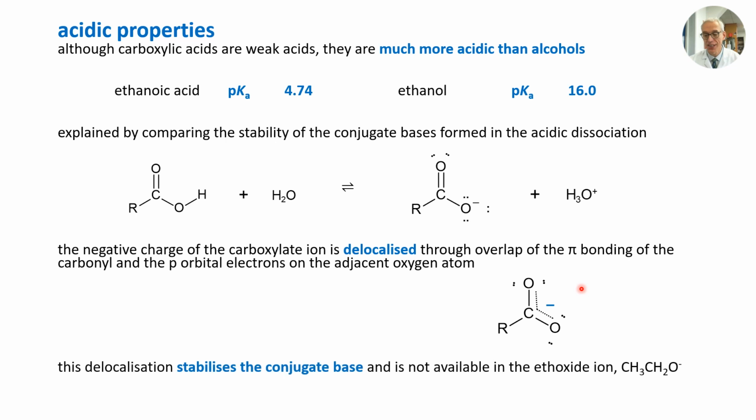Now that stabilizes the conjugate base, and therefore the equilibrium lies further to the right for a carboxylic acid because of this delocalization than it would otherwise. That delocalization is not available to, for example, the ethoxide ion, and therefore the acidity of carboxylic acid is much greater than that of an alcohol.